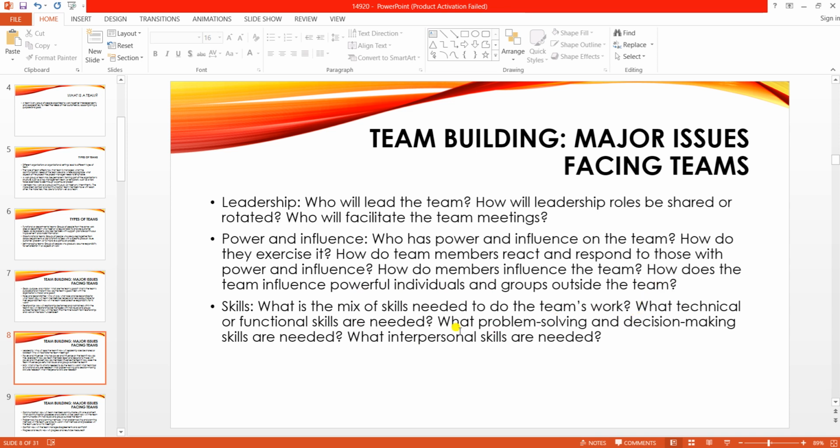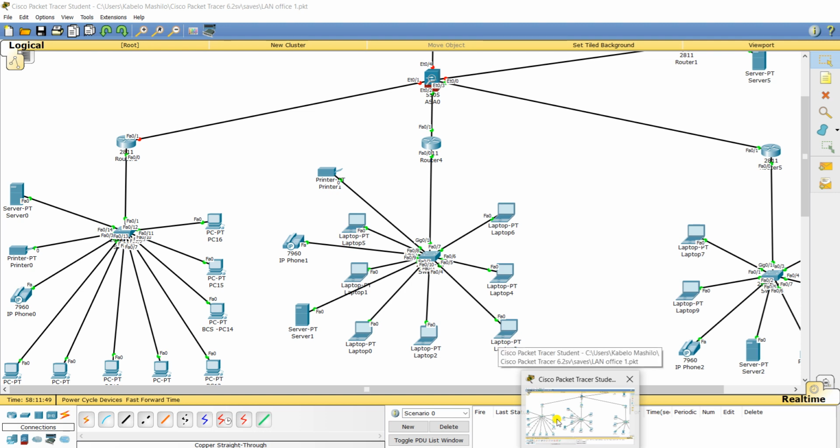Now you find that in some instances, people from different departments within this networking team, some of the individuals have power because of their experience working for the organization for longer years.